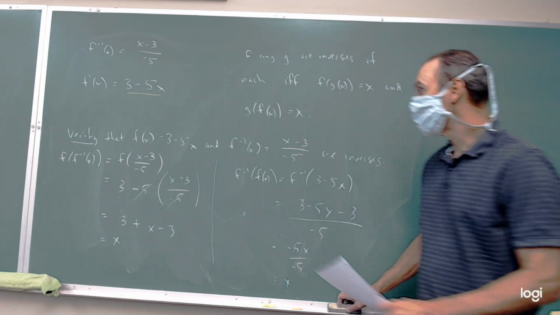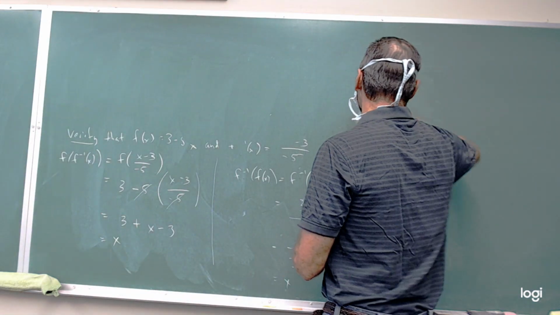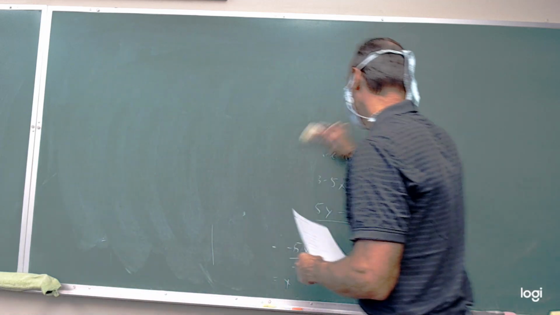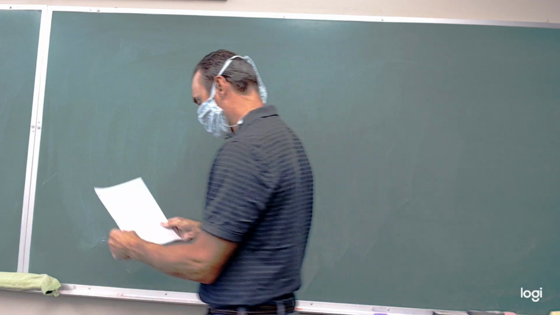So let's switch to some words. Now we're going to give our function, we would say, verbally. And I'm going to ask you some here. This can get a little tricky on the inverse, especially figuring out exactly the meaning of it.